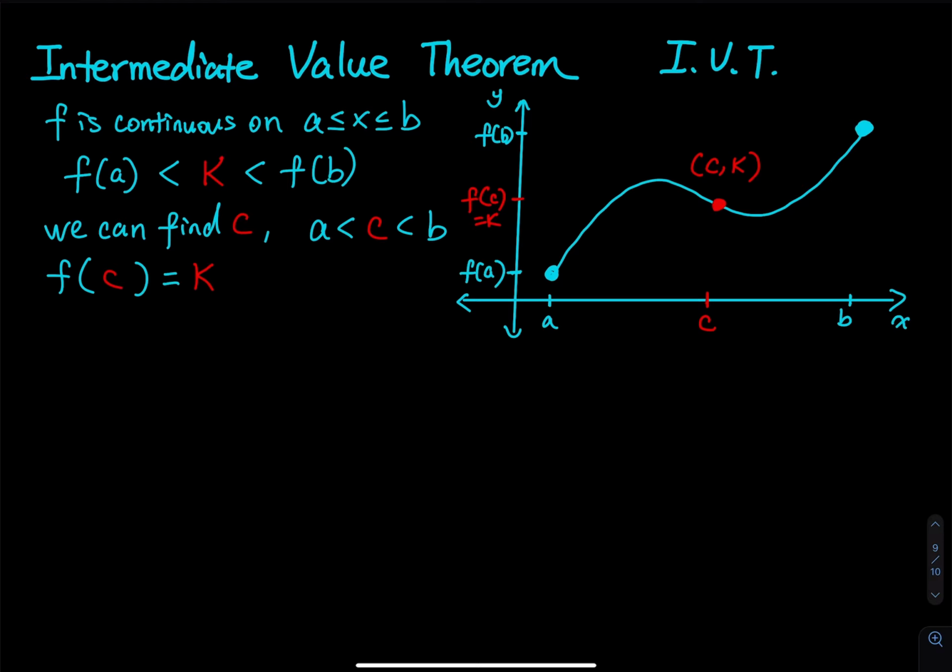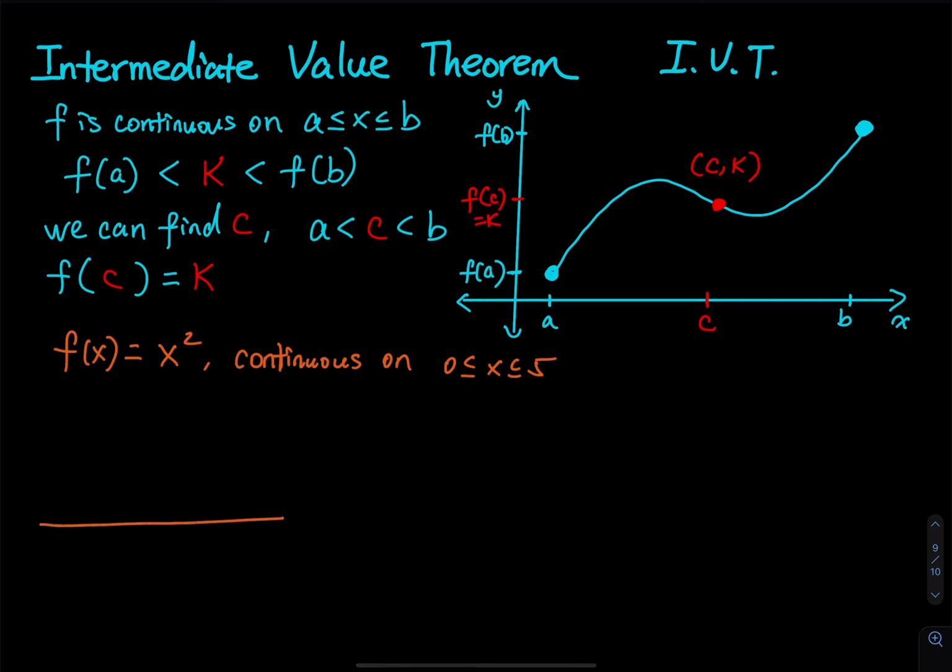Let's use an example. Let's say we have f of x equals x squared. This is simple enough, right? And x squared is continuous. Let's say in a closed interval, how about from 0 to 5? Okay, so let's draw a graph.